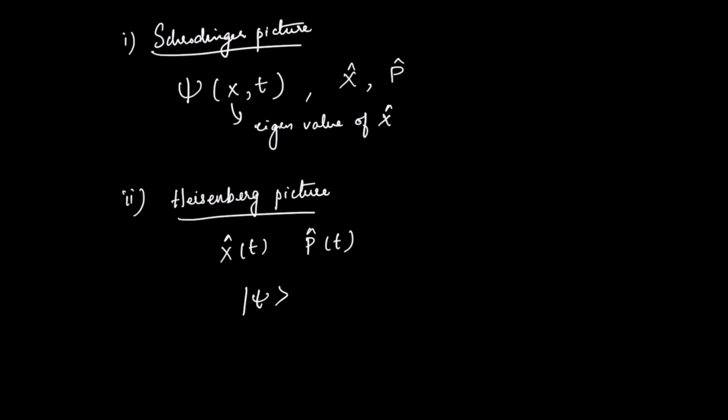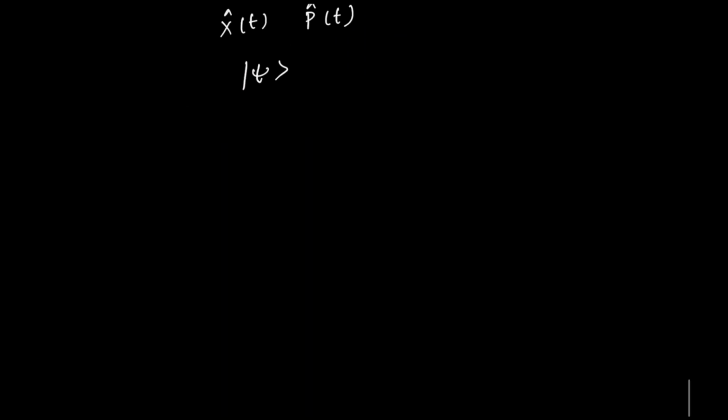Okay, so we adopt a similar method in classical field theory. We have the phi, which is a function of x comma t. Now if you promote it to quantum, then the field phi will become an operator.